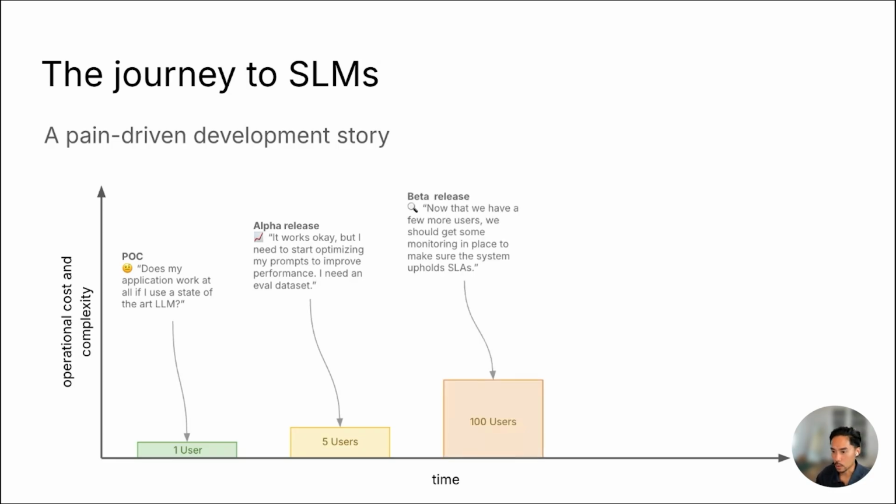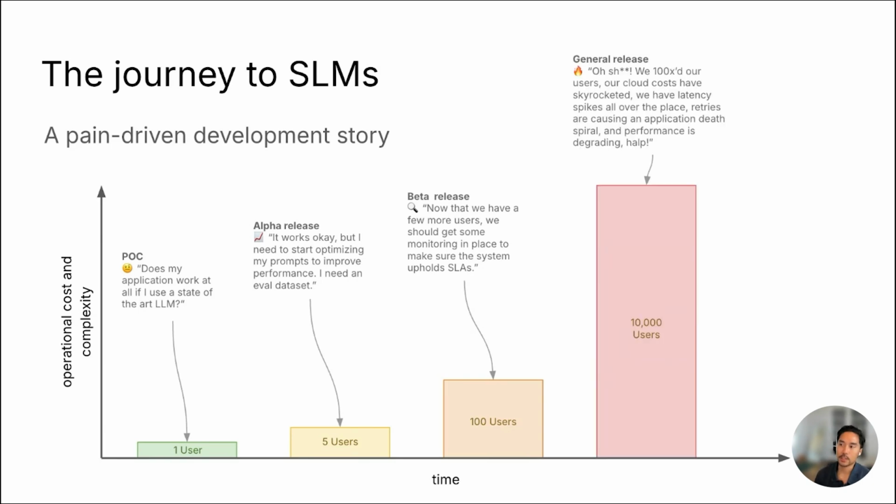And then from there, you may expand this to a beta release where you share this with some internal or small set of customers. Now we have a few more users, you get some monitoring in place to make sure the system upholds your SLAs. Maybe you have a latency requirement for when your agent responds to a question or a request.